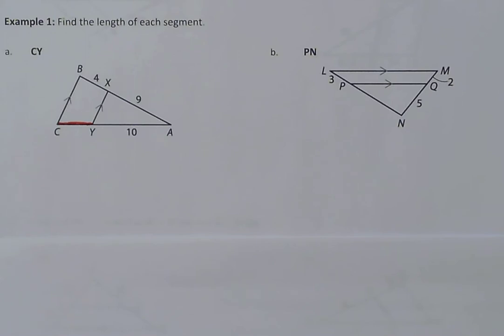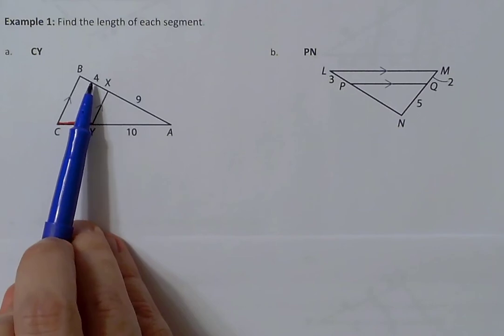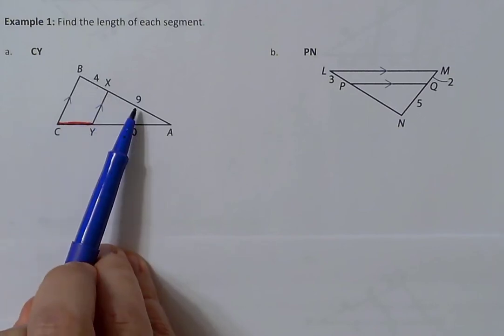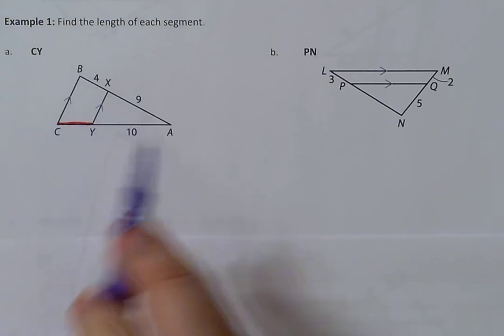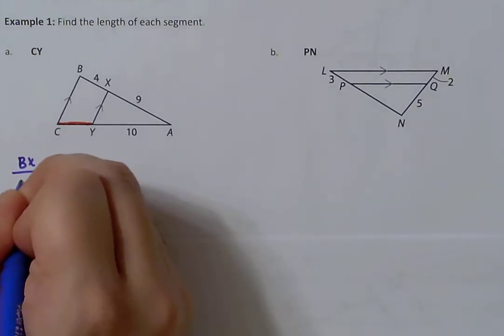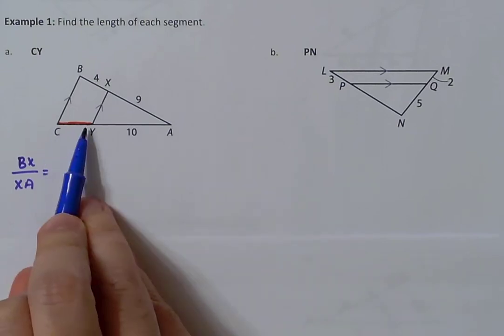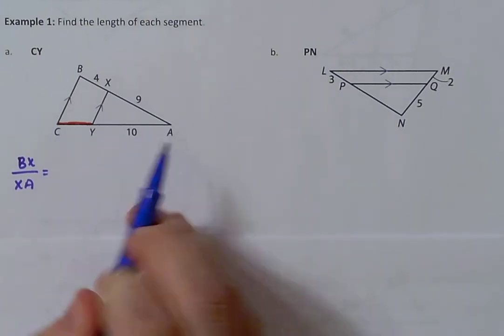The Triangle Proportionality Theorem states that we would take BX over XA and we would set that equal to CY over YA.